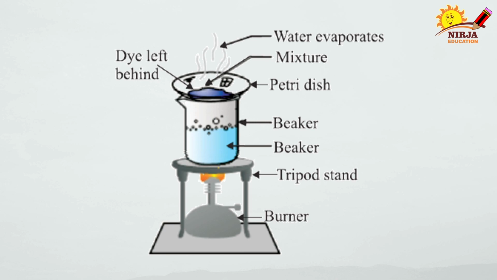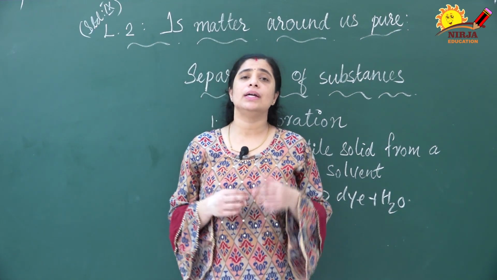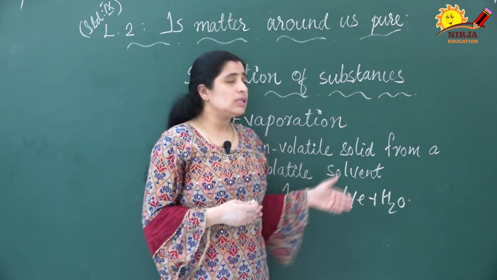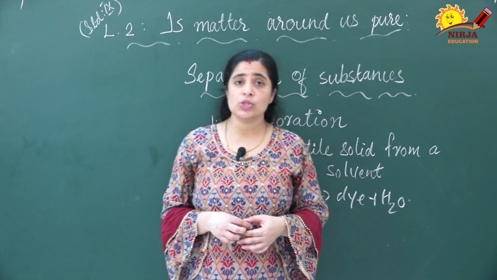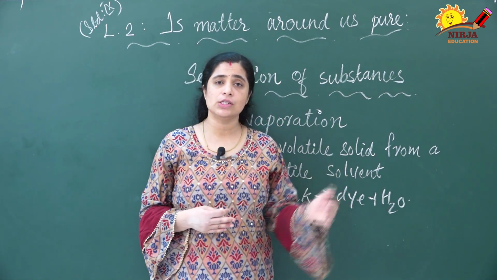The volatile water will be evaporated fast and the leftover is the dye. That leftover dye will be there on the watch glass. You can see this. Like this you can separate the dye and the water from ink. So the evaporation method is used to separate a non-volatile substance from a volatile solvent.